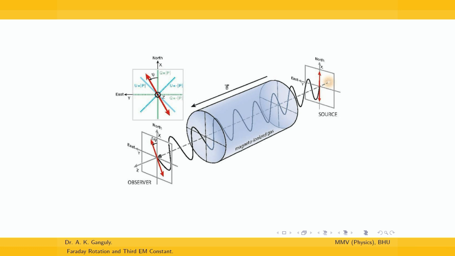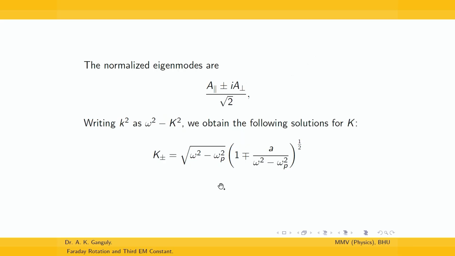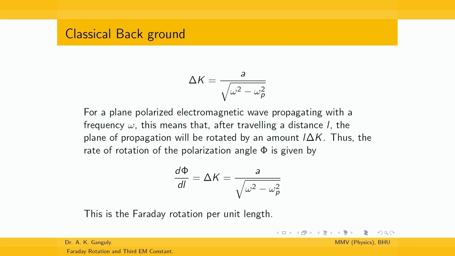So, this leads us to deduce the condition that if the length is L and if psi is the angle, then the rotation angle per unit length of propagation can now be told as d psi by d L, and that is usually the Faraday rotation.